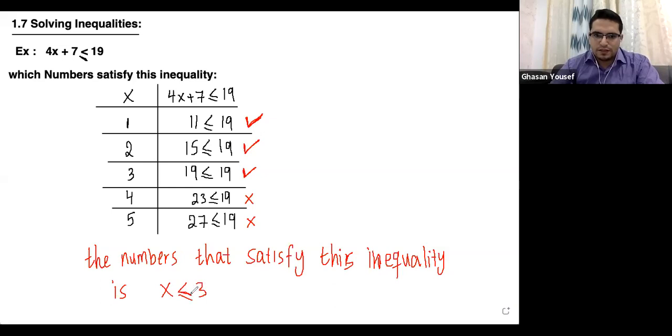All numbers less than or equal to 3 satisfy this inequality. So I can plug in any number from 3 and less.